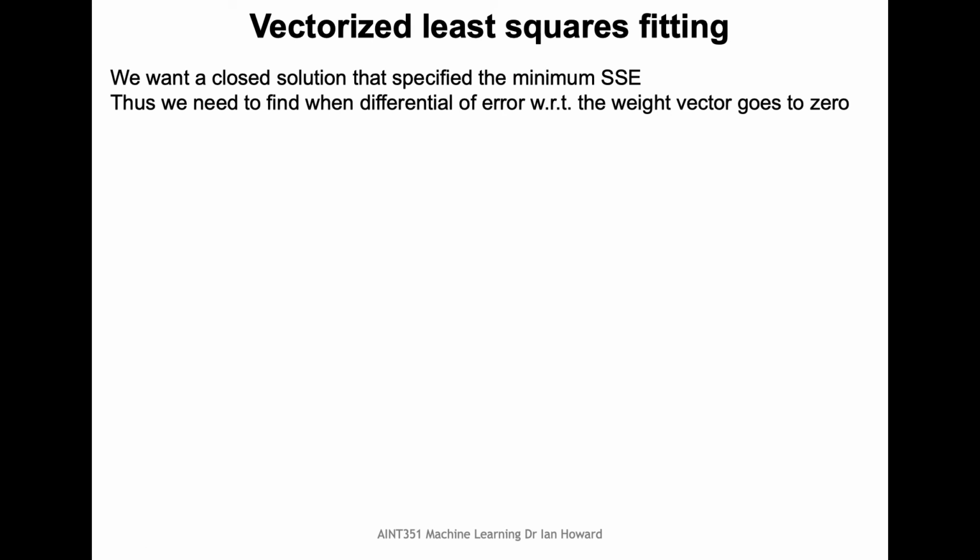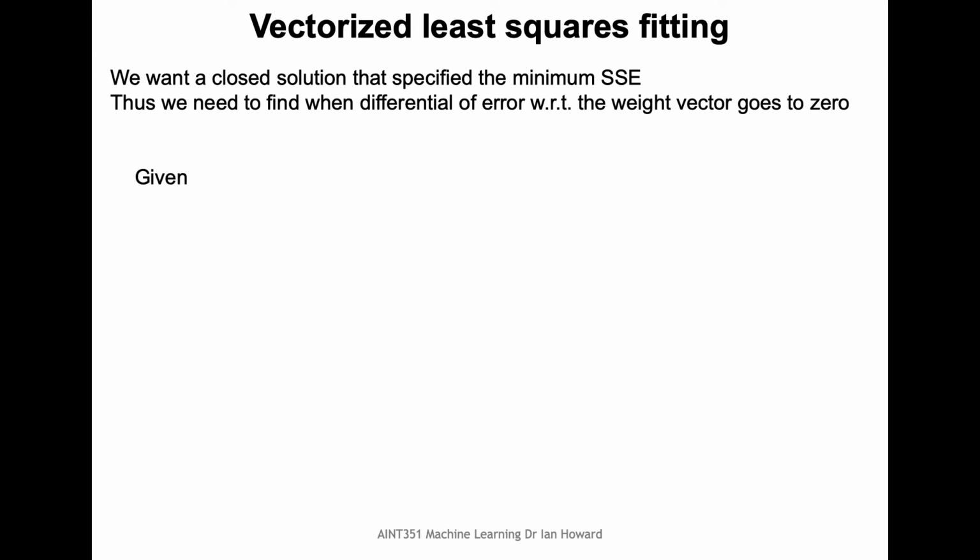Now what we want is a closed solution to specify what the sum squared error is. In order to do that, we have to differentiate the expression with respect to the weight vector and see when it goes to 0. That's what we're going to do, because we're interested in finding the weights.